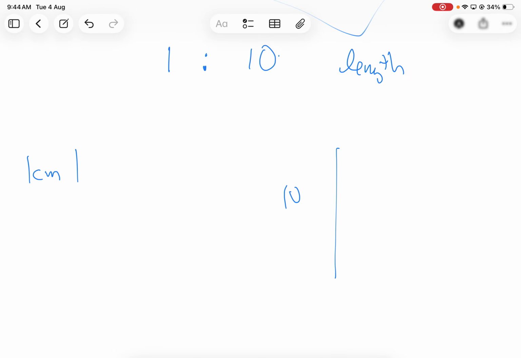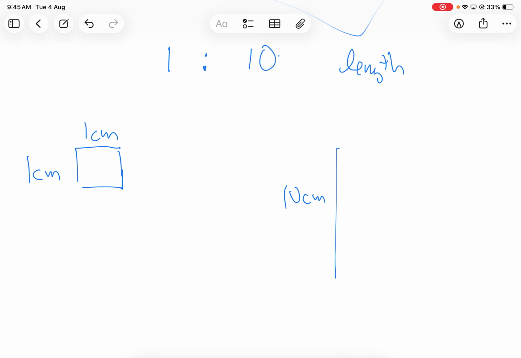One more example. This time round, just have 1 is to 2. So I have a similar square. At first is 1, 2. The area will become 1 cm square. The area will become 4 cm square. So you look at this number. How is the scale factor of length linked to the scale factor for area?